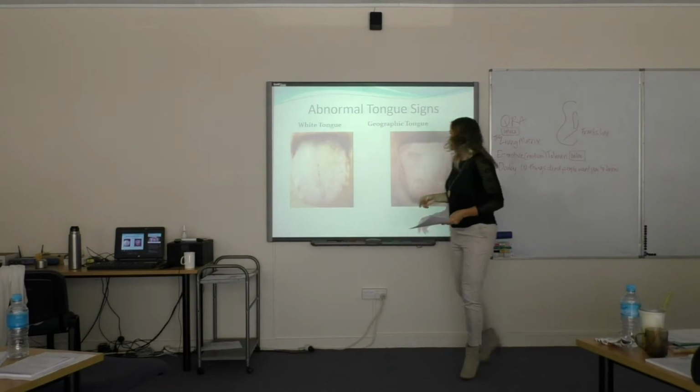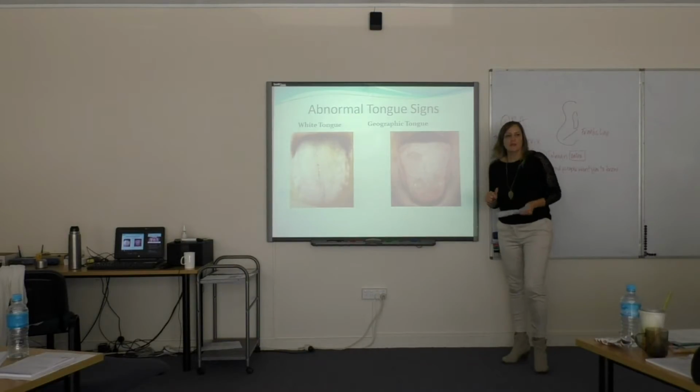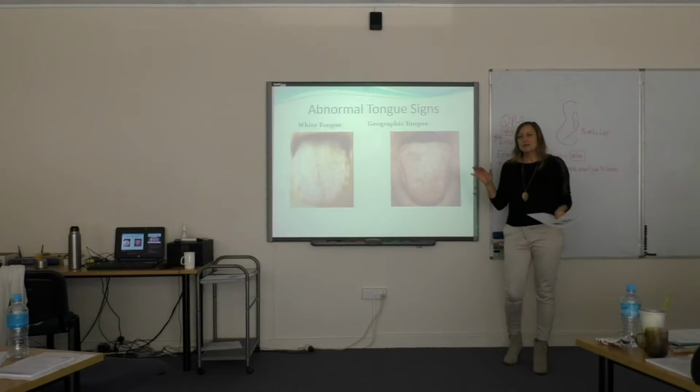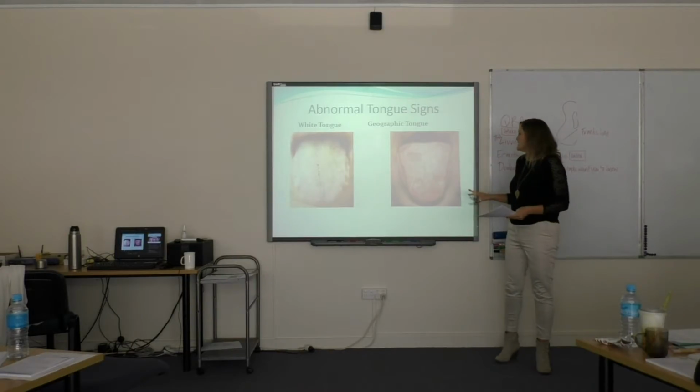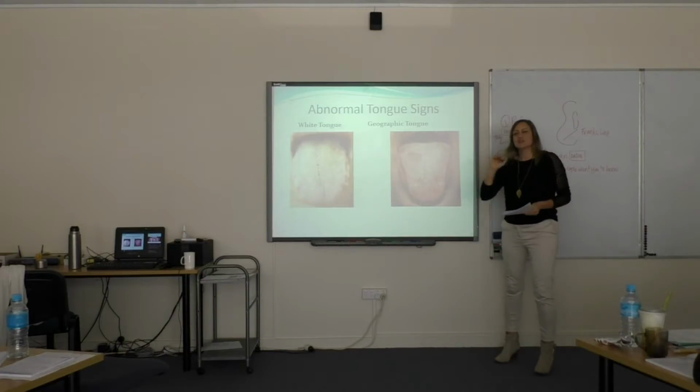So this one over here is something we call a geographic tongue. The way I remember it is, imagine I'm out in space, looking down at planet Earth, and I can see all the different continents, and also the sea. So you can see these little continents. That's a geographic tongue.